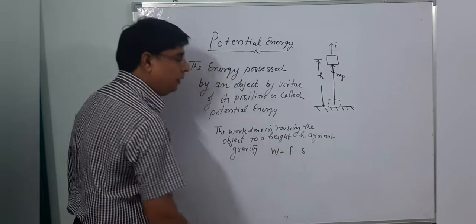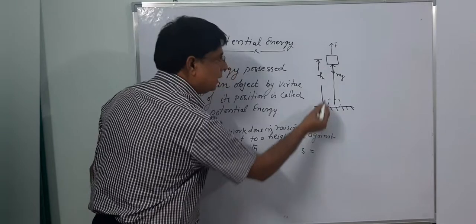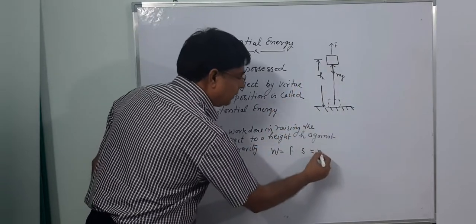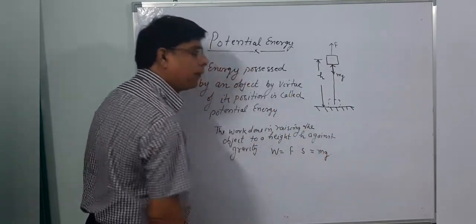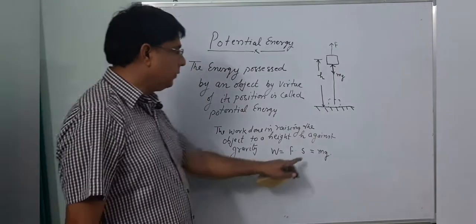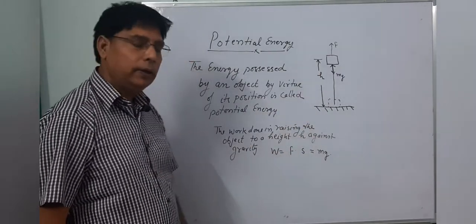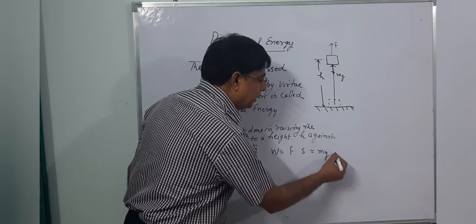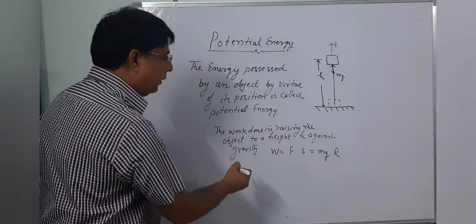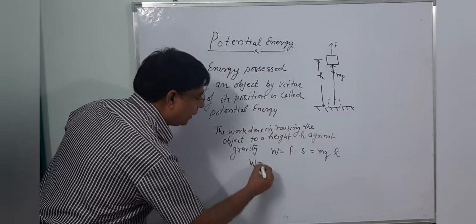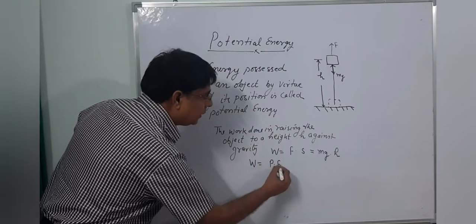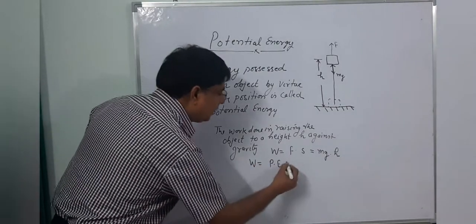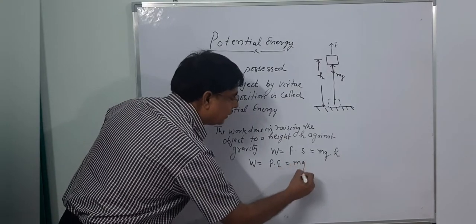We know it very well, and this force is equal to mg. As we are applying this force, which is equal in magnitude to mg, and displacement is h, this work done is converted into potential energy of the object, and this is equal to mgh.